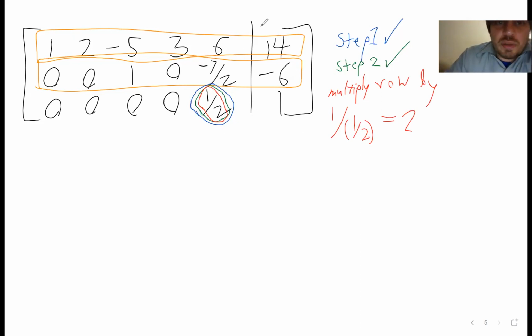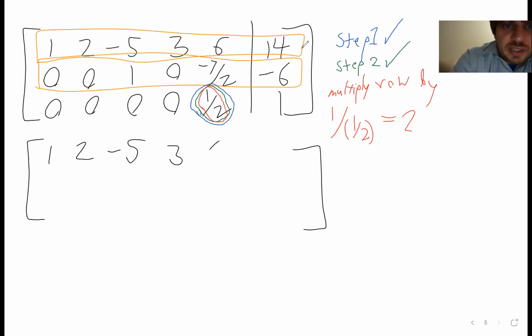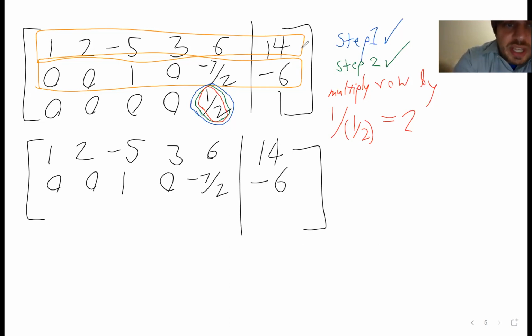Now we multiply that row by 2. So we have 0, 0, 0, 0, 1, 2. Now this is the row after we multiply it by 2.